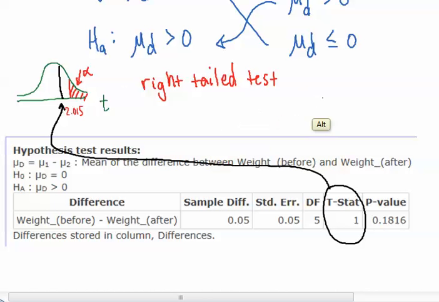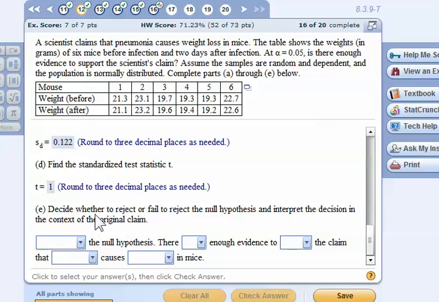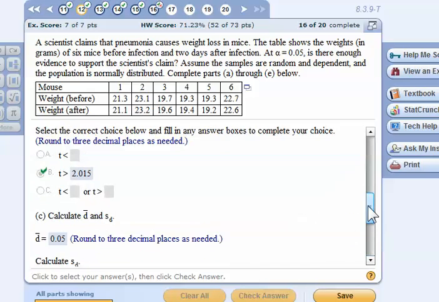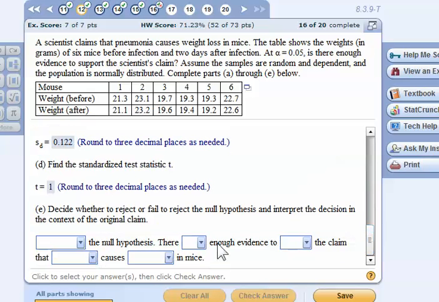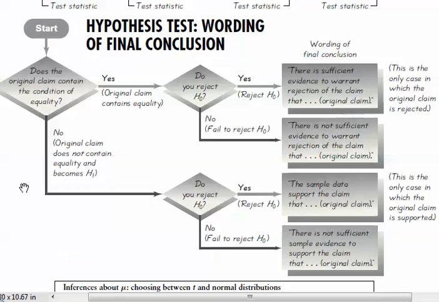So this one turned out differently. So decide what to do. Well, if this is a 1, and we're only rejecting when we're greater than 2.015, then we won't reject. So fail to reject. Which means then you've got to think of your whole list. Does the original claim contain the condition of equality?